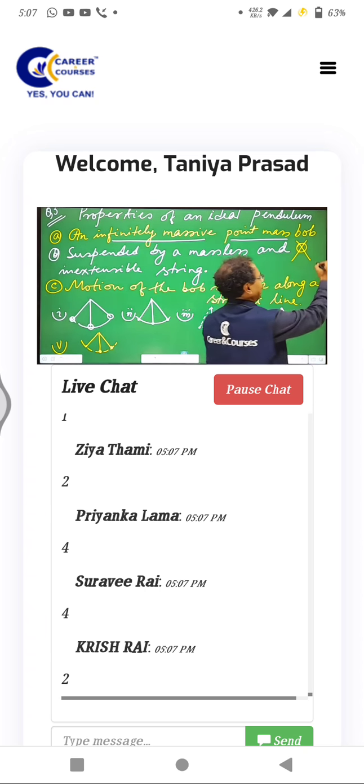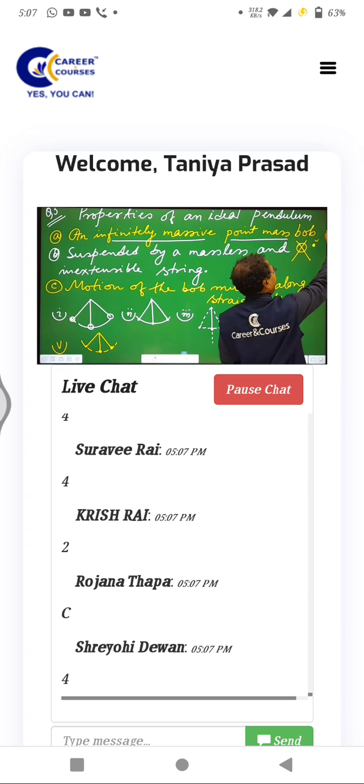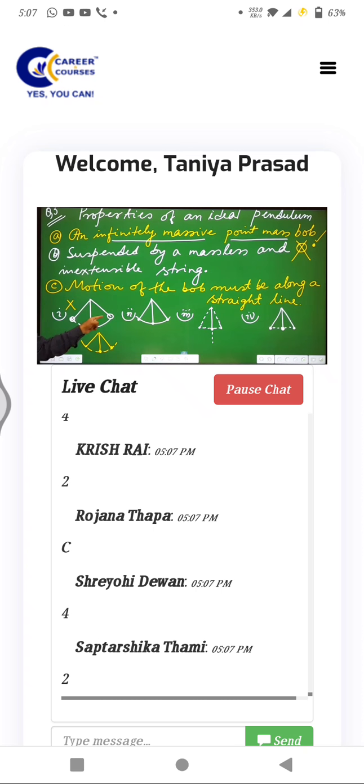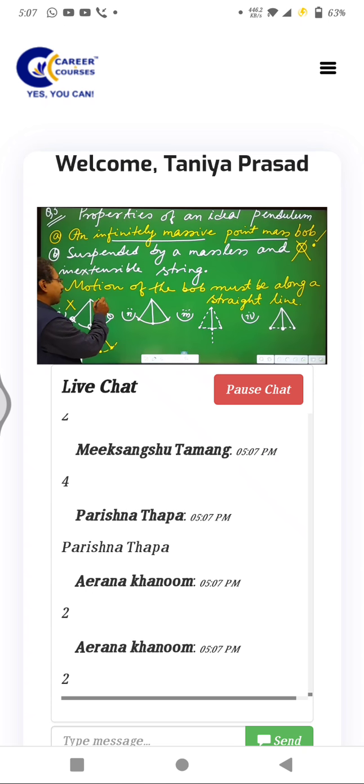A point mass must be represented by a point only. That's why option 1 is already incorrect, because instead of a point mass body we have shown 3 spherical bodies. That's why it does not represent an ideal pendulum.